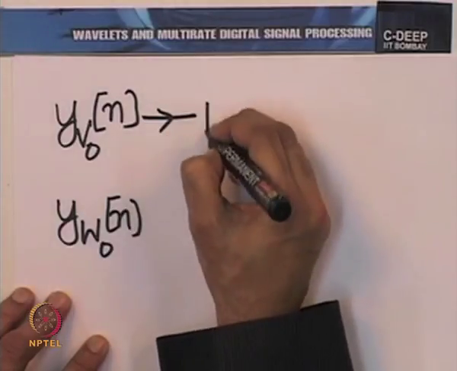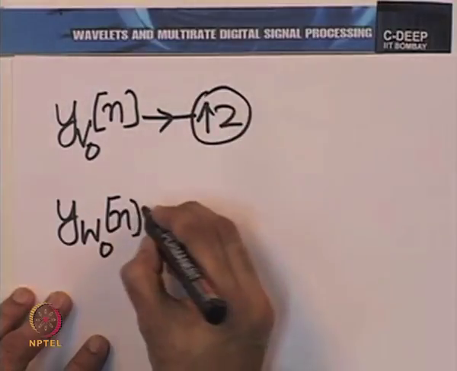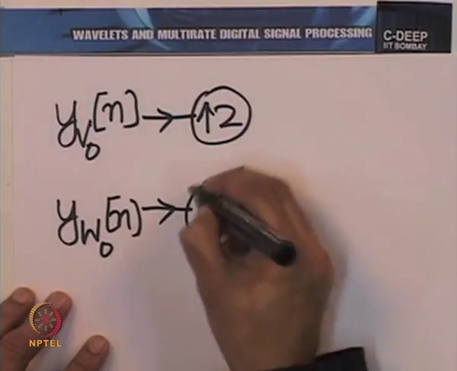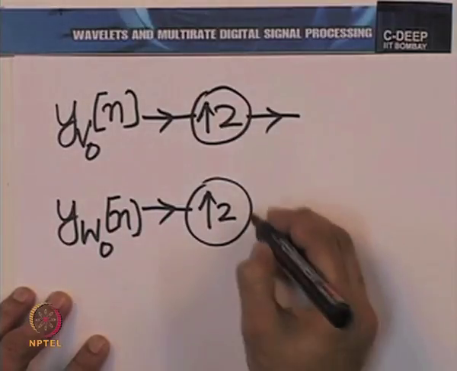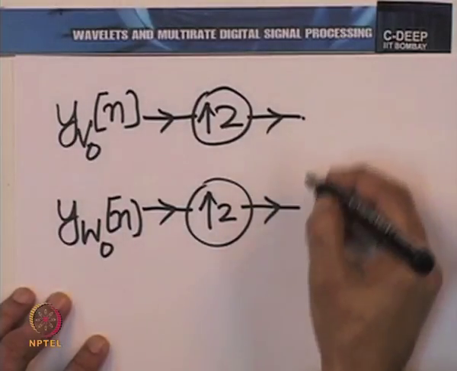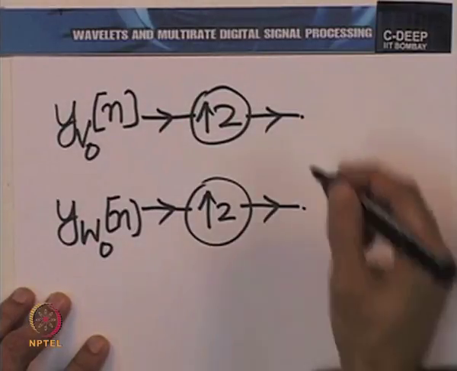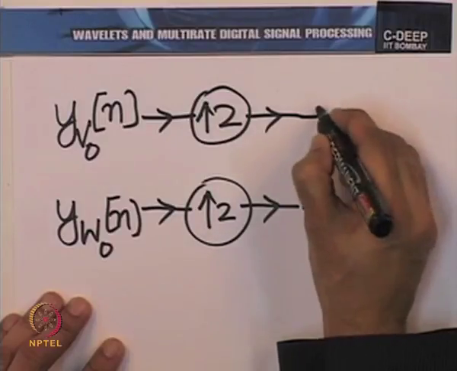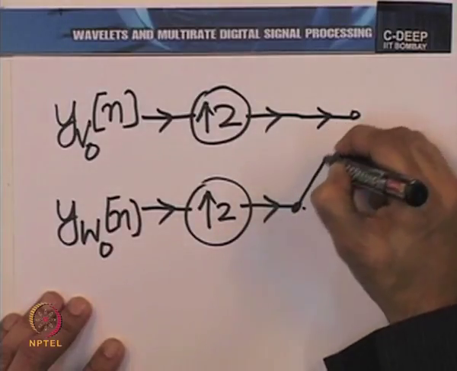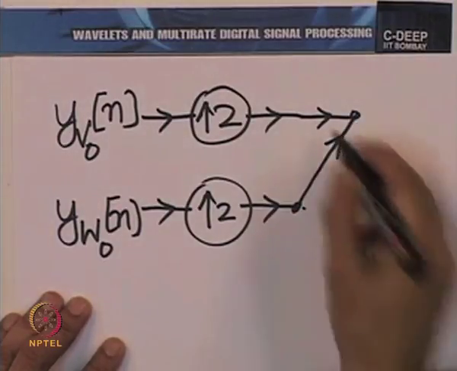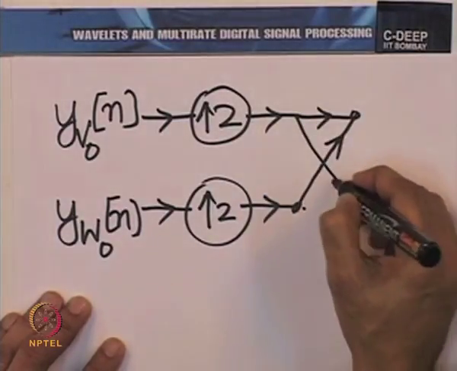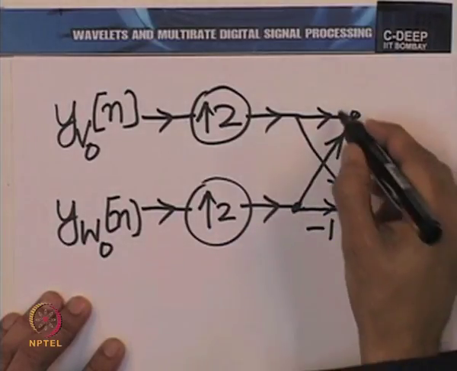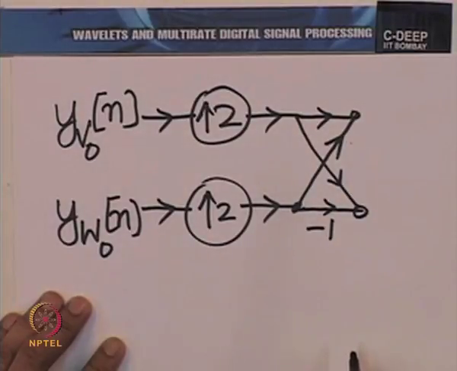I upsample them and I add and subtract. So, now I get the outputs of upsampling. Now, I add and subtract. So, I have the sum of these outputs on one branch, this plus this, and this minus this on another. This is the sum branch, this is the difference branch.